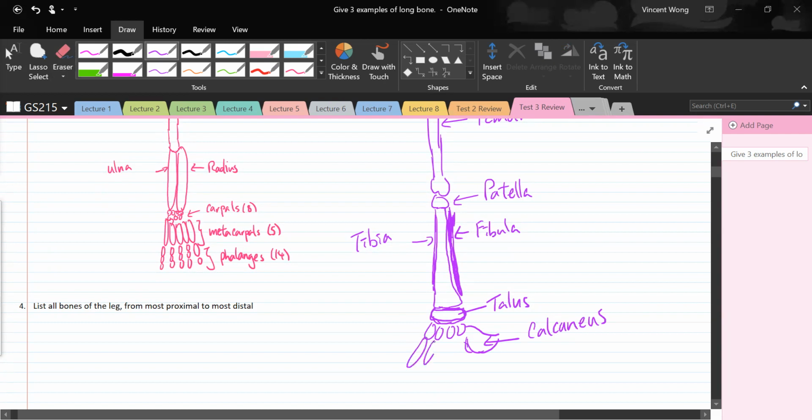And you would have your metatarsals. Okay. And again, all these things along with these small bones, they are the tarsals. And you would have the phalanges again.